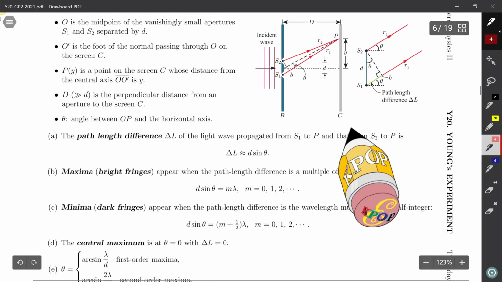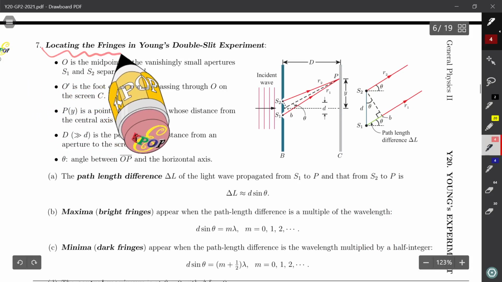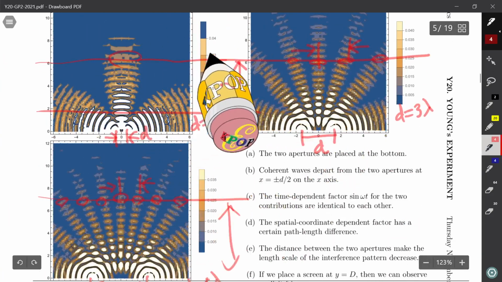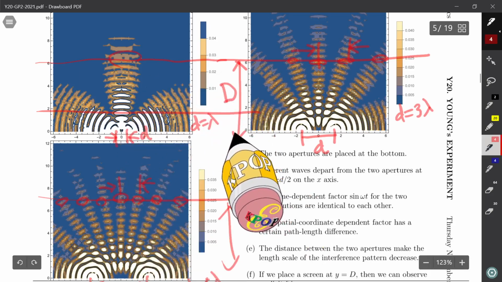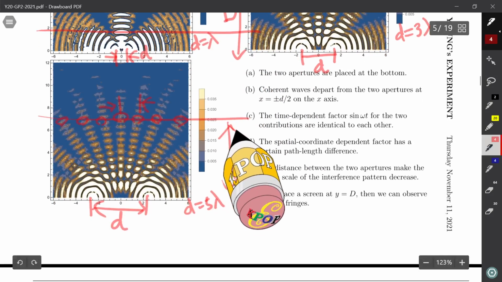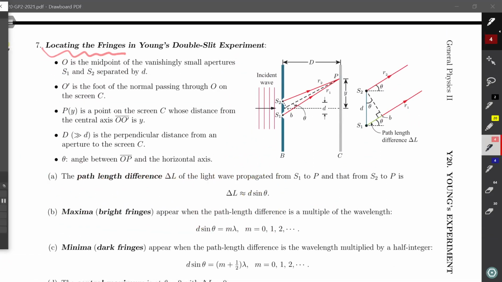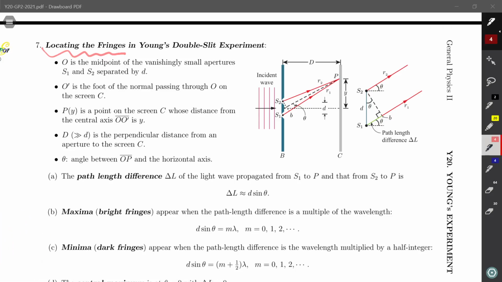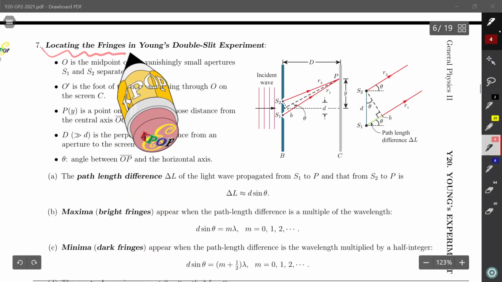The next problem is to locate the fringes in Young's double slit experiment. This is a fact by experiment. We would like to interpret this result theoretically. Let us find out the position of fringes.